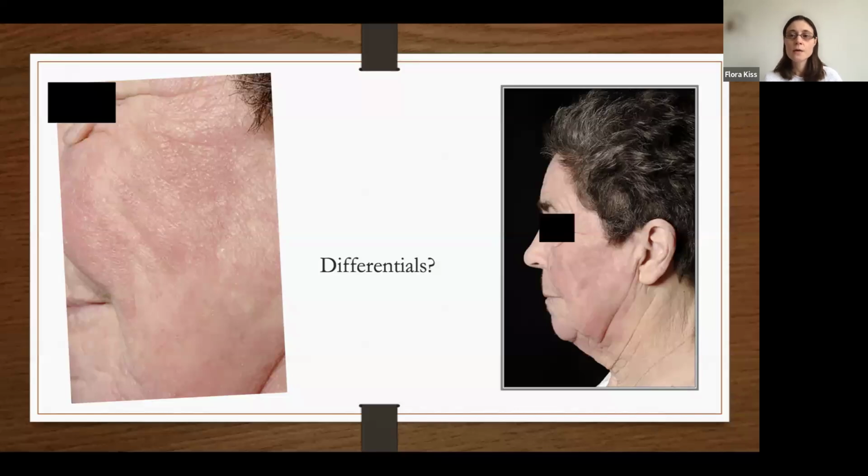What can help with the physical examination, as I've said, is that there is usually some sparing in the sun-protected areas. So if you examine patients behind the ears, underneath the chin, or some other areas which are sun-protected, they're usually a bit spared.